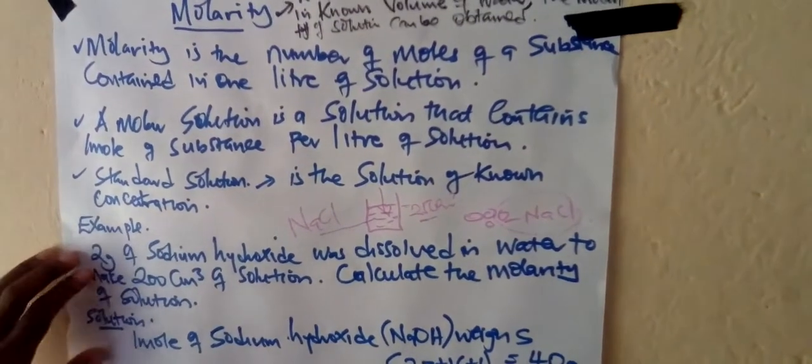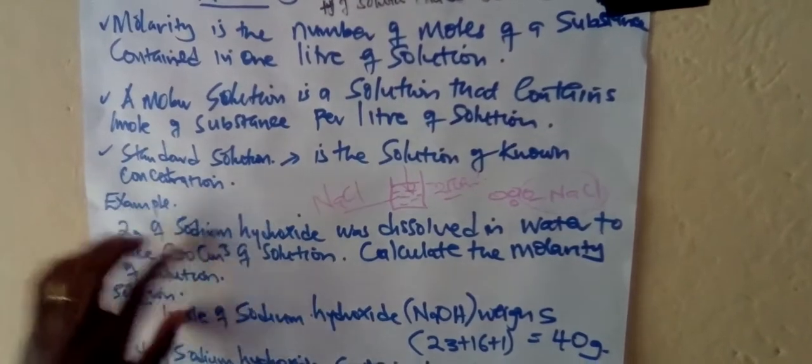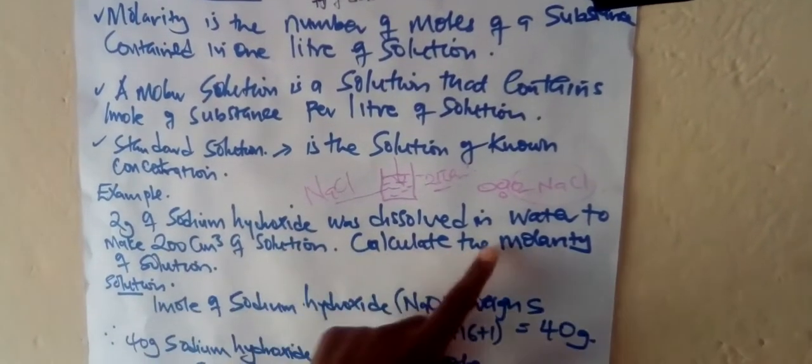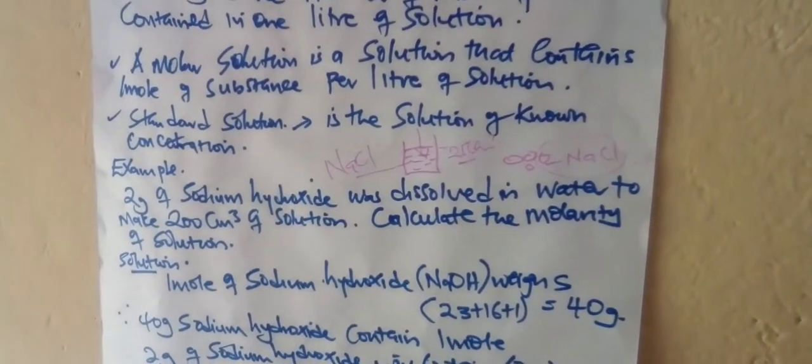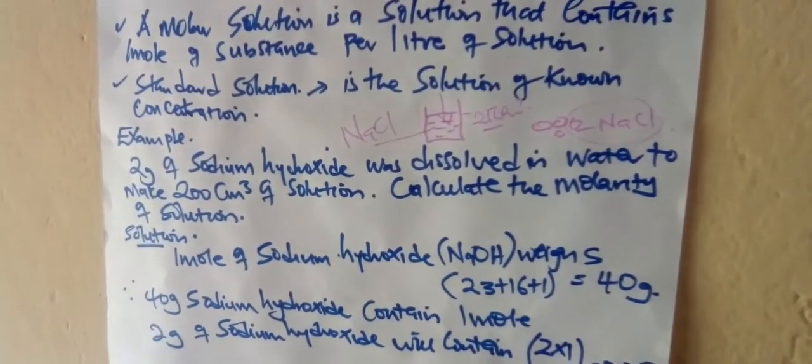Let us look at this example. 2 grams of sodium hydroxide was dissolved in water to make 200 centimeters cubed of solution. Calculate the molarity of the solution.